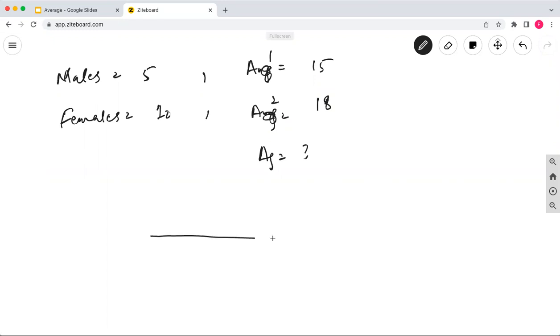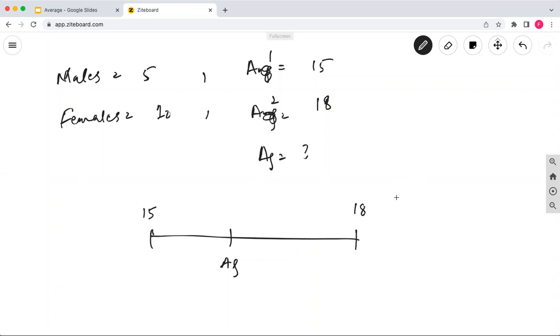Now just straightforward draw a number line. What is the smaller average? That is 15. What is the larger average? That is 18, right? And we are asked to find the average, that is AG, which we don't know right now.